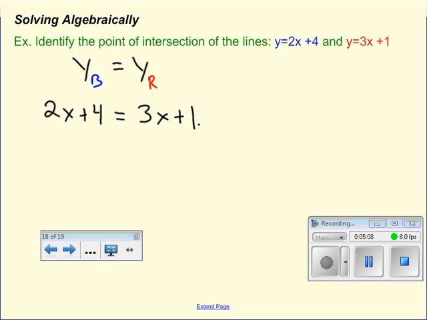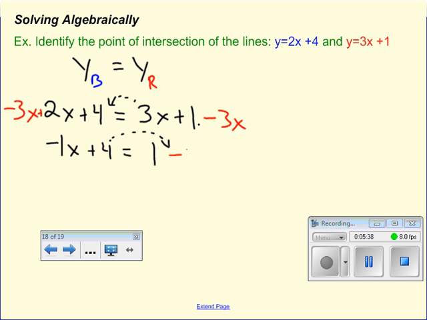First thing I'm going to do is collect like terms. I'm going to move this 3x over to the other side. So subtract it here, and also on this side. 3x minus 3x is 0, and I have negative 3x plus 2x, which leaves me with negative 1x. Then I'm going to move the 4 over to this side.